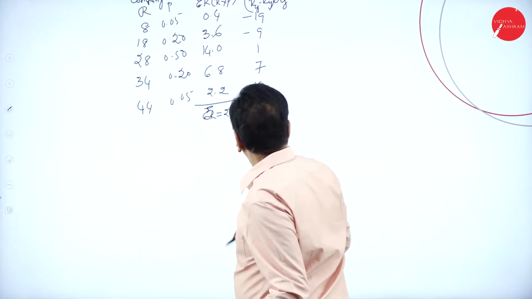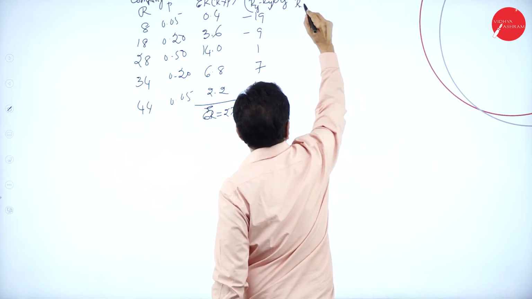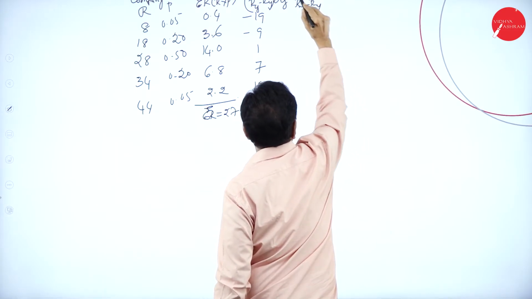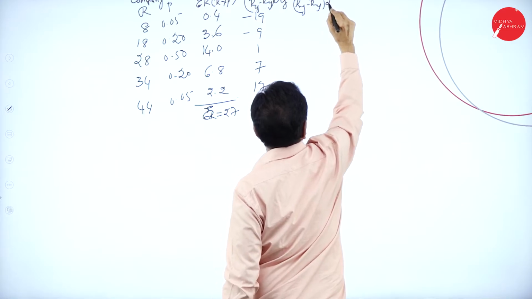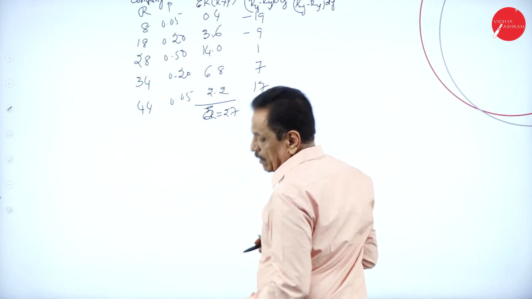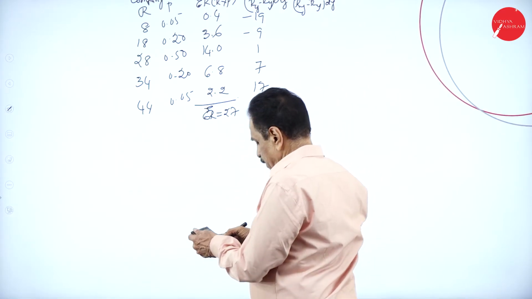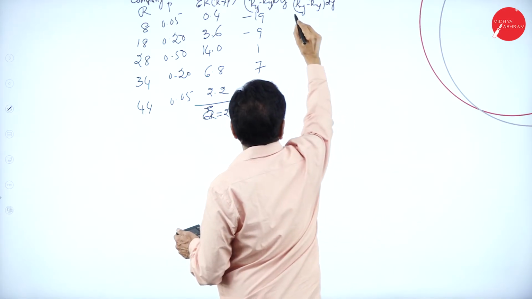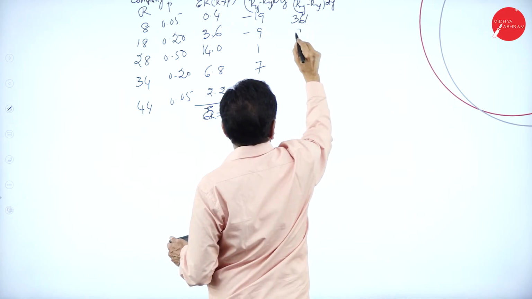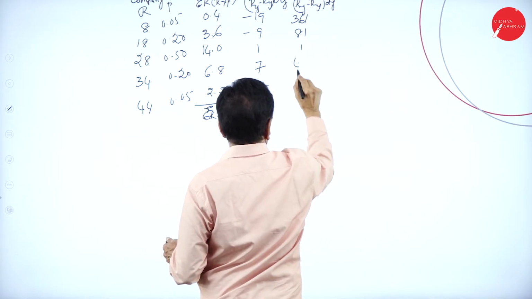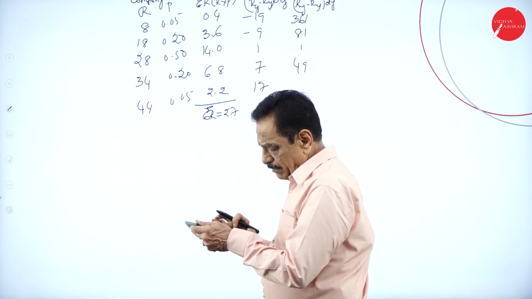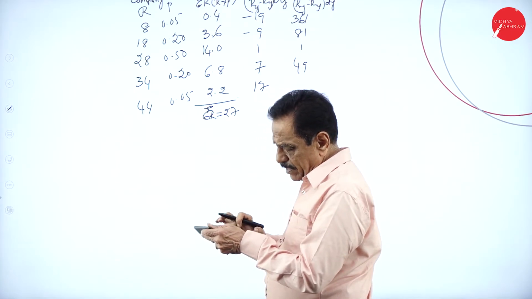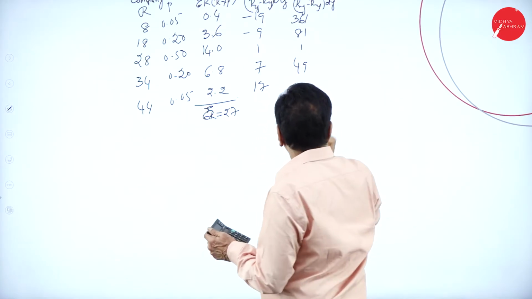Then the square of these, ry minus r mean y whole square, is called dy square. 19 into 19 is 361. 81. 1. 49. 17 into 17 is 289.